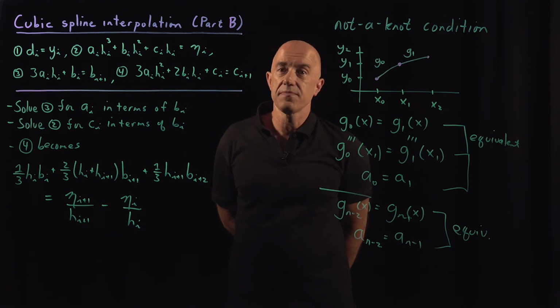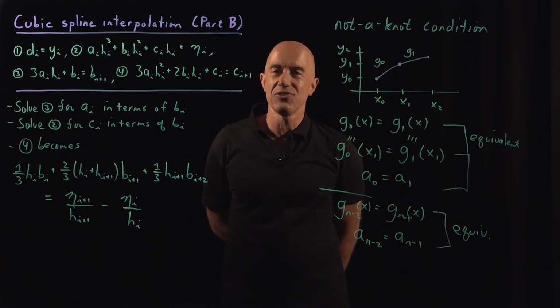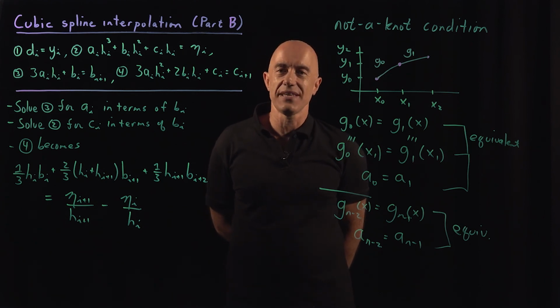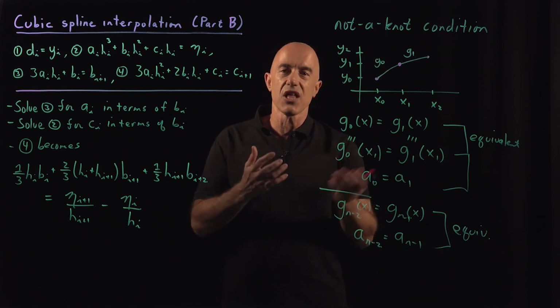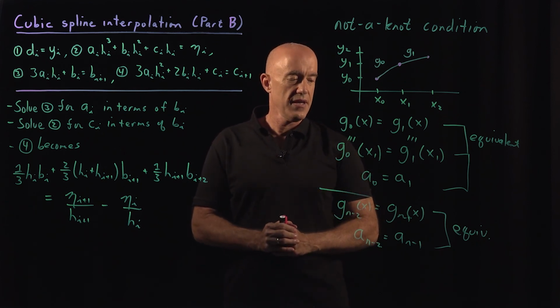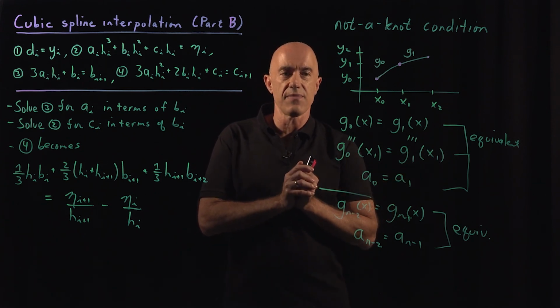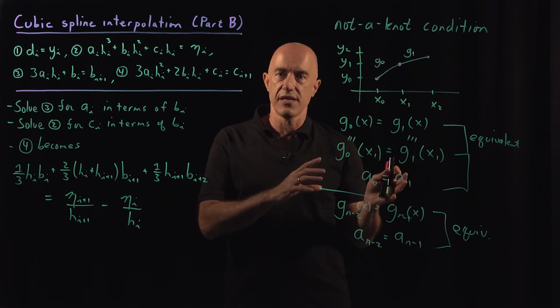To code this up would take a long time and would be a complicated exercise. I've never done it. I think I could do it, but I wouldn't want to. You just use the built-in functions provided by MATLAB. But it's useful to know what the underlying software is doing, to learn about the not-a-knot condition, because that's the default in MATLAB, but you can change the default.